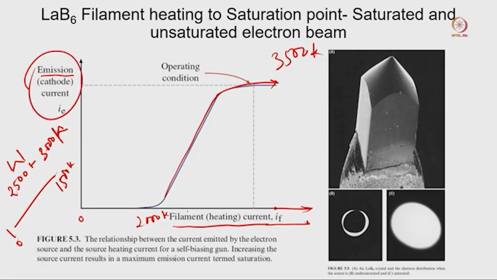And it will reach near the melting point of this metal. The melting point is somewhere here, 3650 Kelvin, and it will melt the filament and break it.